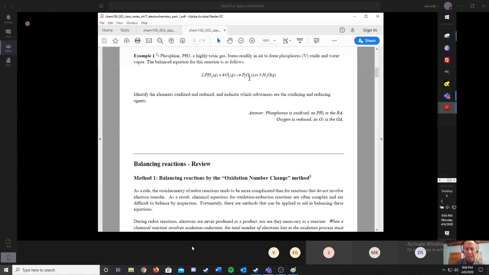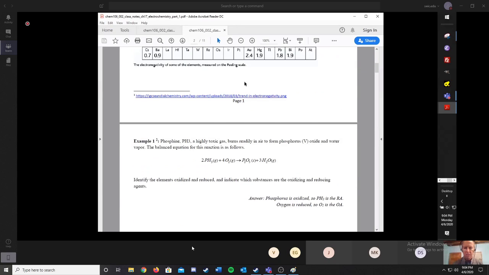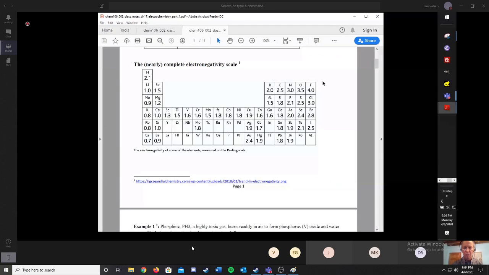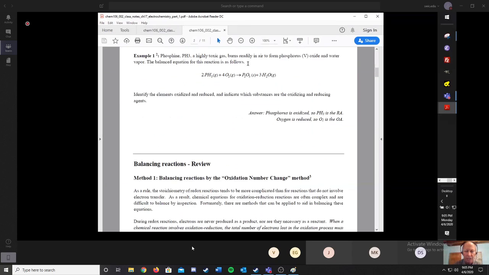And if we go on the right-hand side and look at phosphorus, we have 2 phosphoruses attached to 5 oxygens. An oxygen is assigned a -2 because oxygen is 2 columns away from the noble gases. Over here, hydrogen's 1 column away from the noble gases, and we give it a +1 charge. So in P2O5, we have 5 oxygens times -2 gives us a -10 charge for oxygen total, and that's distributed over 2 phosphorus atoms.